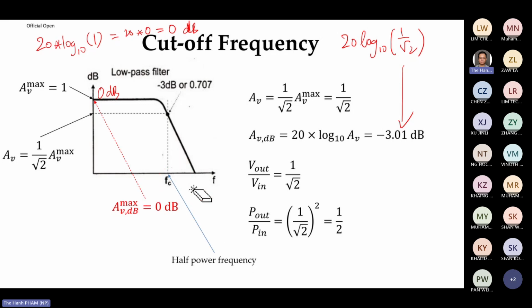At this particular frequency, if your input power is, for example, 1 watt, then the output power is only 0.5 watt. So for example, at fc here, the power is 1 watt. After going through the filter, you still have the frequency fc, but the power is only 0.5 watt. So that's why it's called the half power frequency.